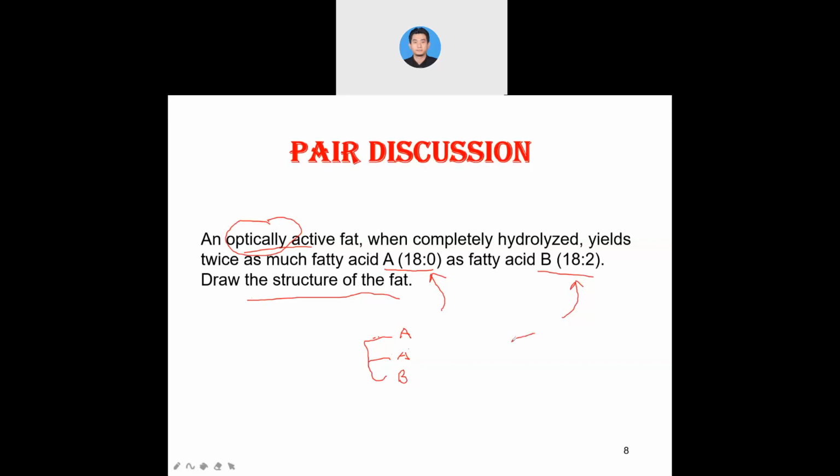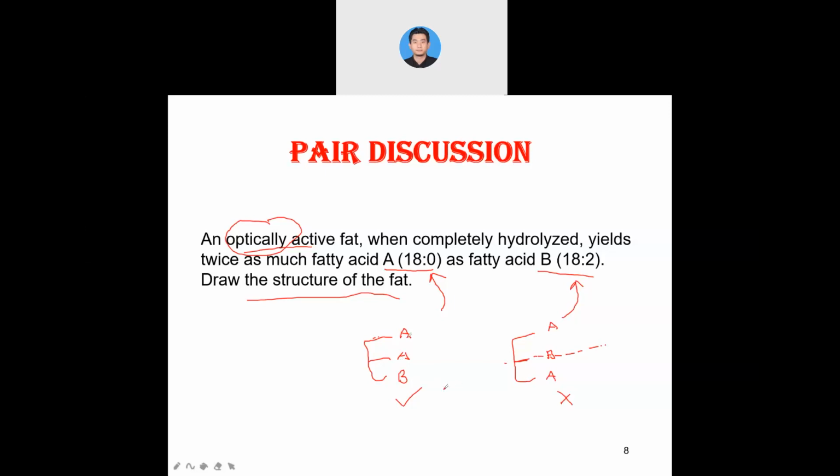If we arrange the fatty acids as A, B, A, this one contains a plane of symmetry, so this fat is optically inactive. This one is optically inactive, and this one is optically active. So you can arrange AAB or maybe BAA.